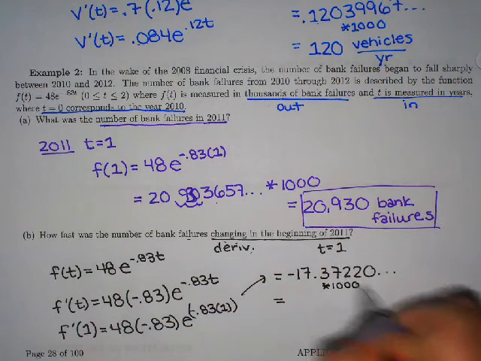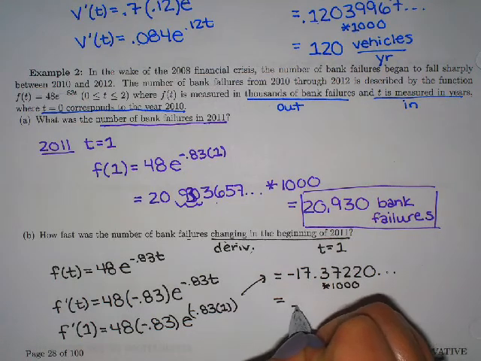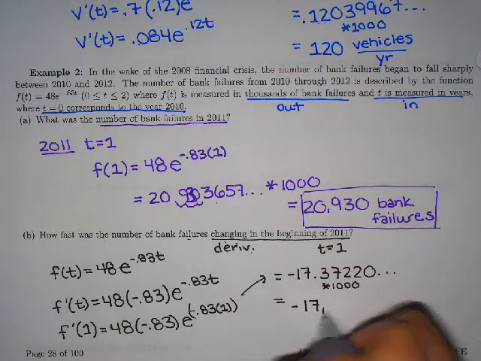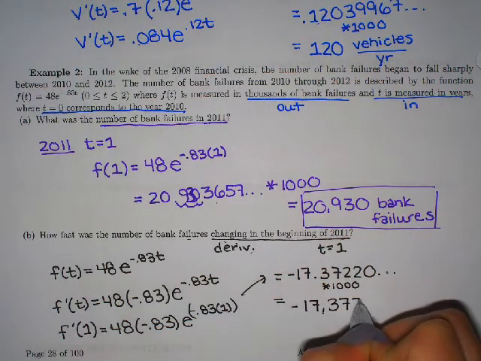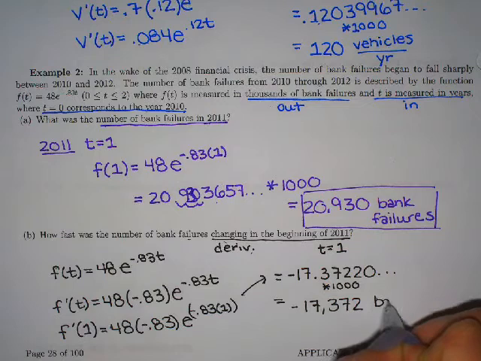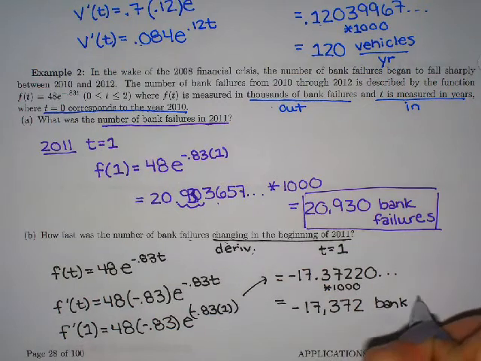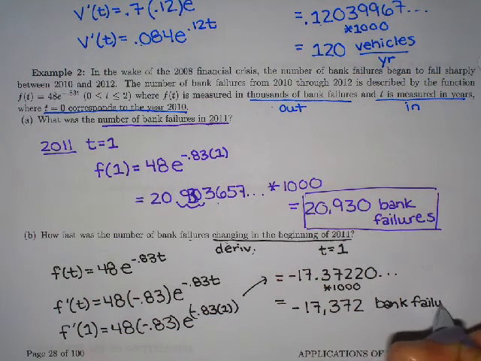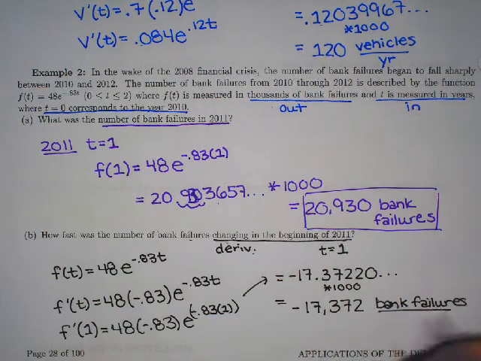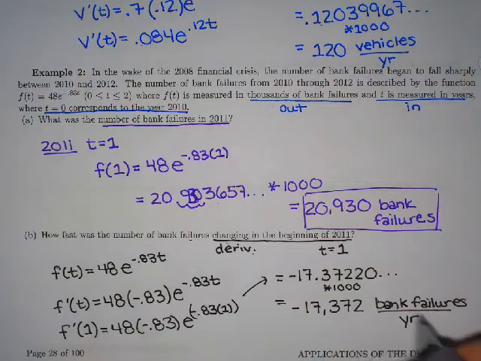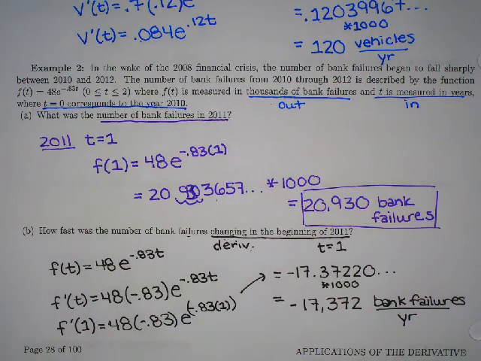So let's multiply it by 1,000, first of all, to account for our units. It's negative 17,372 bank failures, and it's a rate of change per year. So what that means is the number of banks failing that year was decreasing by about 17,000.